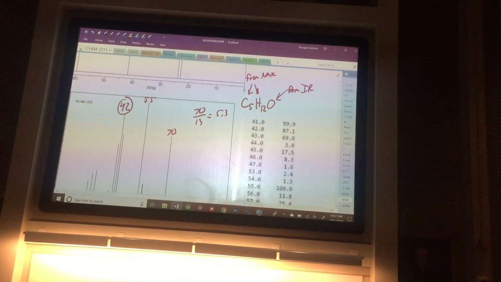I got the C5 from the NMR, the H12 from the NMR, and the O from the IR. Let's see if it makes sense. 5 times 12 is 60, plus 16, plus 12. That's 88.